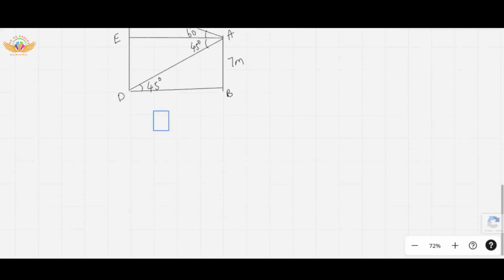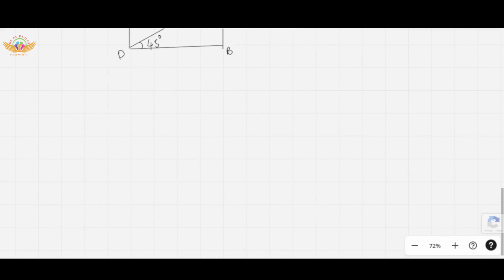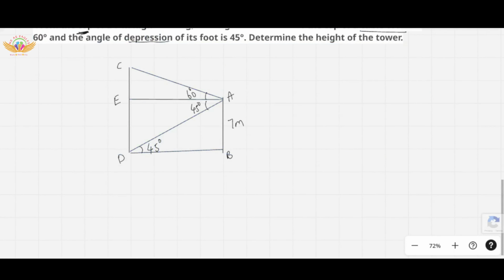So first of all, from the right angle triangle ADB is the first solution for me. And on the other side, I'm going to take the right angle triangle AEC.